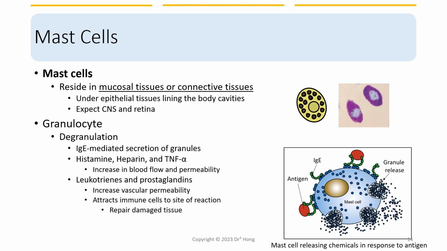During IgE-mediated degranulation, histamine, heparin, and TNF-alpha are released. Lipoxygenase and cyclooxygenase are also involved to generate leukotrienes and prostaglandins. All of these inflammatory mediators can increase vascular permeability and recruit more immune cells to the location.